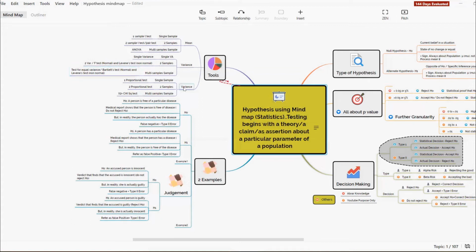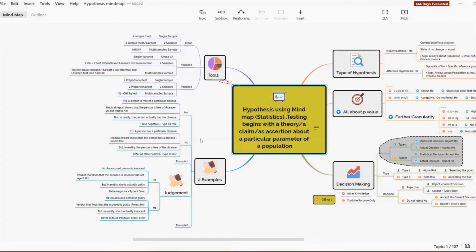Similarly for proportions, if it is a single sample, you can do a one proportion test, if it is two, a two proportion test, and if it is multi, you can do a chi-square test, right? This depends upon the data.